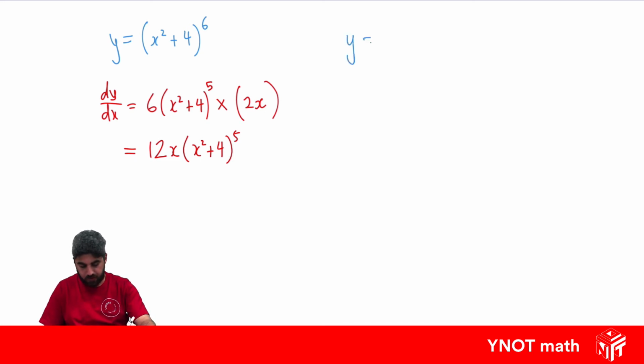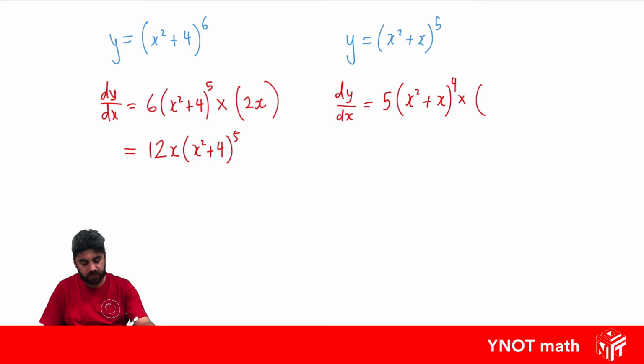What about y equals (x squared plus x) to the power of 5? We want to find the derivative. So dy/dx, we'll bring our power to the front, write our function, minus 1 from the power to give us 4, and now we need to multiply by the derivative of our function.